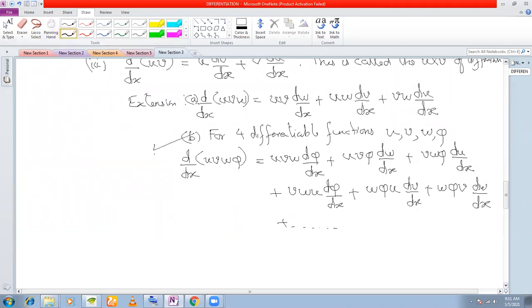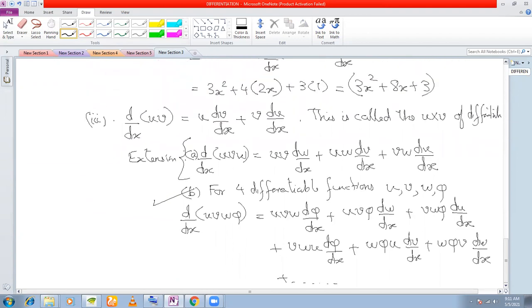You will not require 4 functions, but 3 functions you may require. U into V rule definitely you will require. Can we do 3 with chain rule also? Yes, you can do it by chain rules, but as I told you, 3 functions you will hardly require. Mainly you will require U into V rule. When we come to chain rules, we'll discuss how to do it by chain rules also.